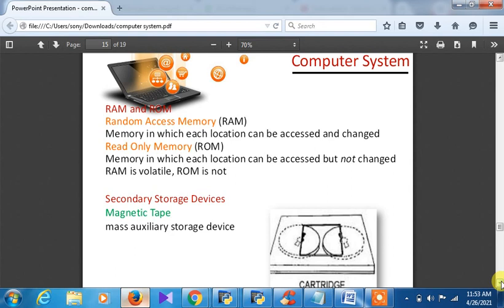Since we cannot store our information permanently in RAM and ROM, we need a secondary storage device. At that point of time, magnetic tape was the cheapest one, and after that we had the floppy disk. Nowadays storage devices have developed like anything. We are using external USB devices like pen drives, that is called flash memory or solid state memory.